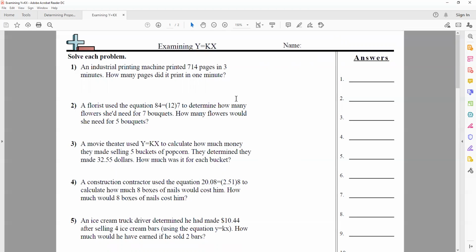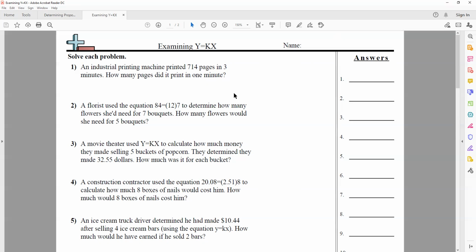Let's see. An industrial painting machine printed pages in 3 minutes. 1 minute.